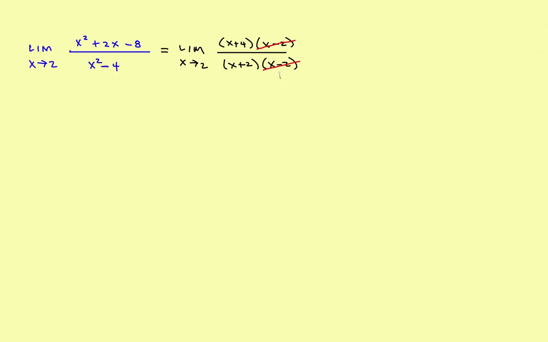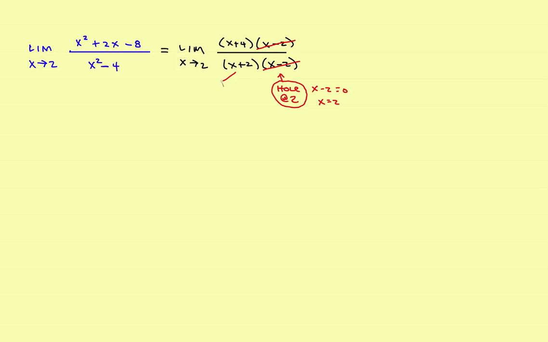Now if you can cancel them out, you know that you have a hole there, so set this equal to 0. So x minus 2 is equal to 0, x is equal to 2. So you have a hole at x equals 2.